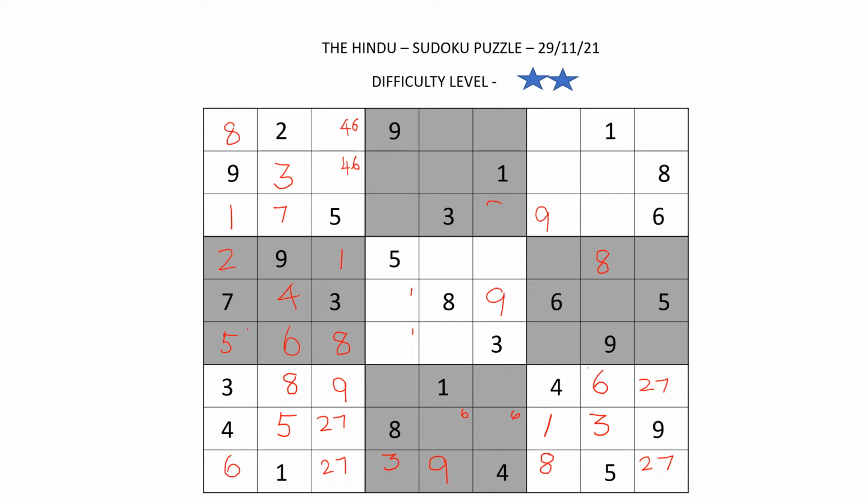So that leaves this row with only two numbers missing. The missing numbers are 2 and 4. So again it becomes a complementing pair here, 2, 4.